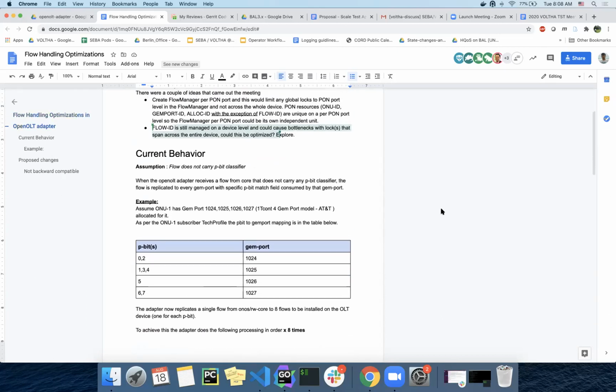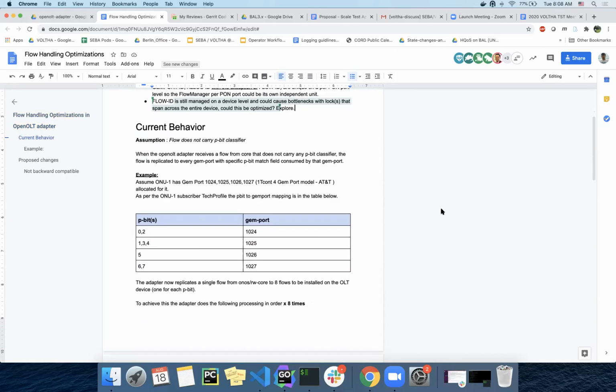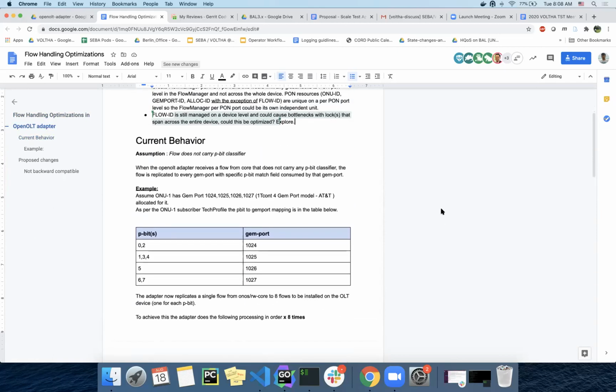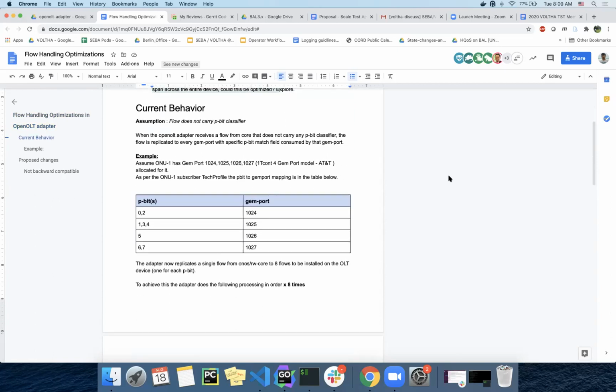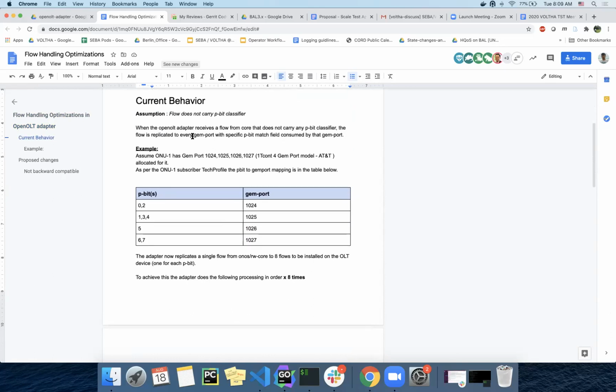Before I do that, I just want to share with you the current behavior, and then share my proposal and go over that and see if we really need to do that. So what happens is, when the OpenOLT adapter receives a flow from the core, assume that it doesn't have any p-bit classifier.